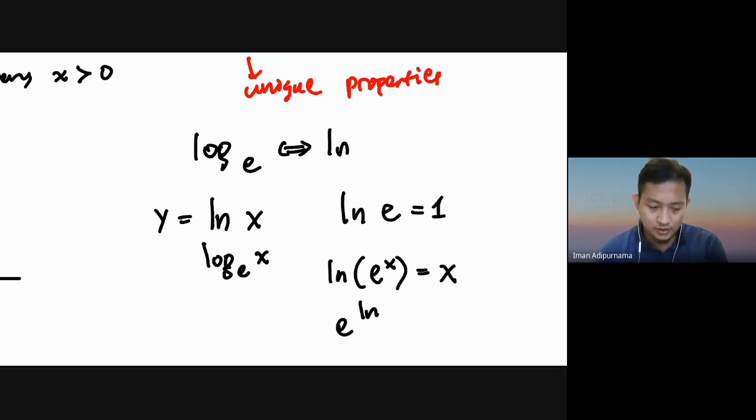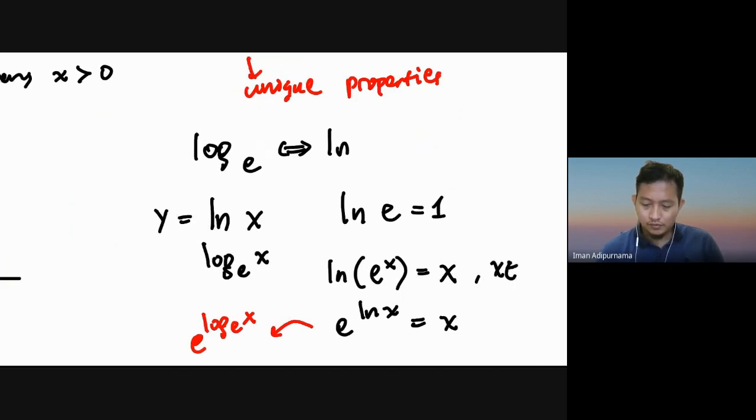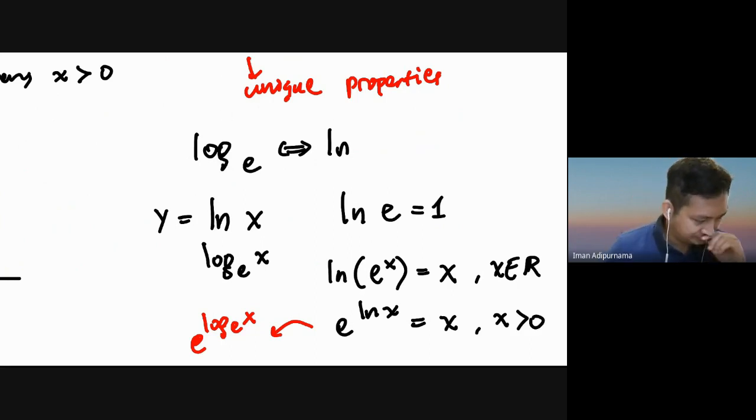And if you have e to the ln x, this is also x. It's actually the same thing as e to the log base e of x. I think that is the important additional material.